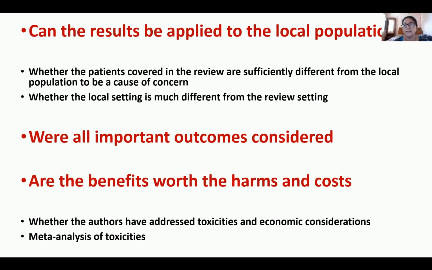This has to be considered, because some findings which may be relevant in a particular setting may not be relevant to our setting. Some recommendations which may be relevant for a European or Western setting may not be relevant for an Indian setting.